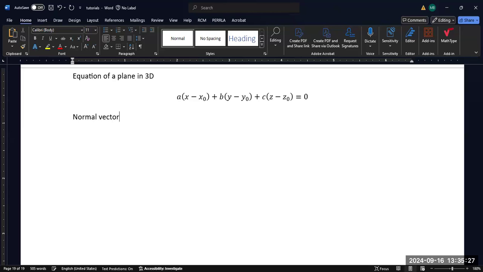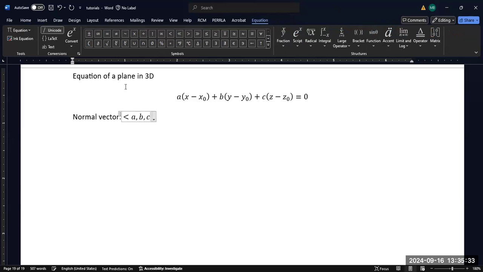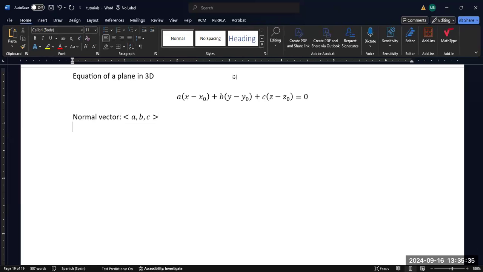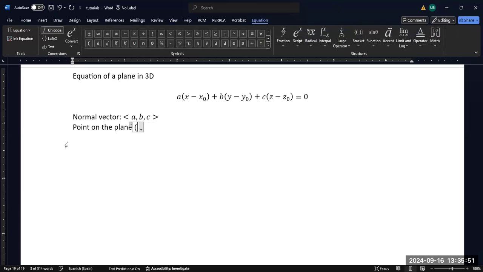So you often hear that term. It's the vector perpendicular to the plane, but it's often referred to as the normal vector. That's another term for perpendicular in this context. And then, of course, a point on the plane, x naught, y naught, z naught.